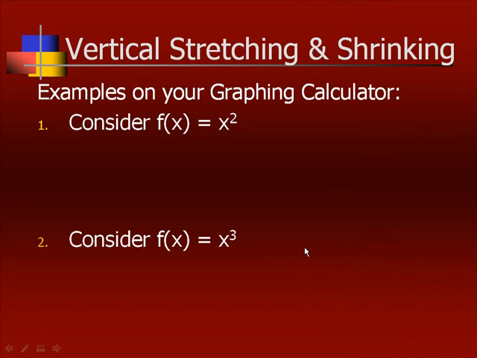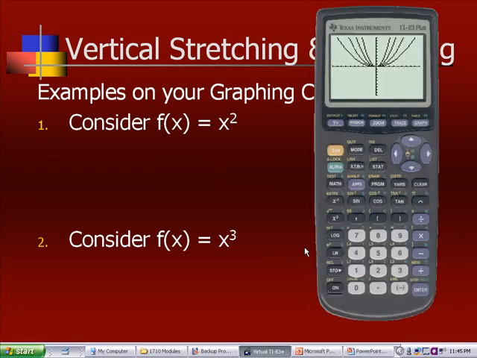Okay, same thing for f of x is equal to x to the third. If we went through and changed that to x to the power of 3, we'll go ahead and do our 1/overs first. Now remember, this is our basic x to the third graph.